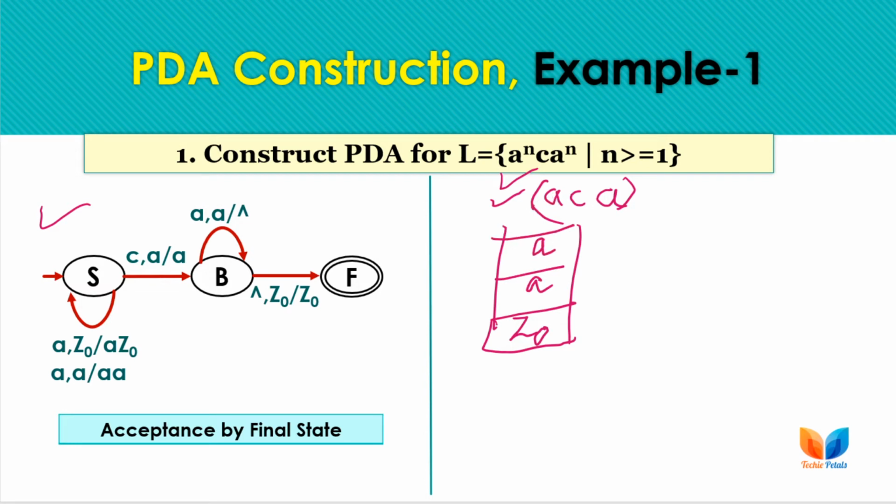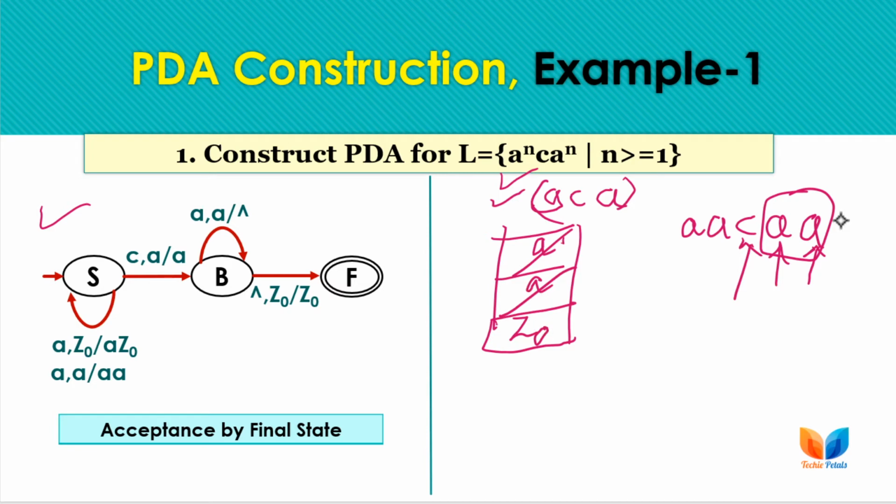If we have a string like A, C, A, A, then we push the first two A's onto the stack, and once we come across the C we change the state, and then we pop the stack: for the first A we pop the topmost stack symbol, and for the next A we pop another A from the stack.